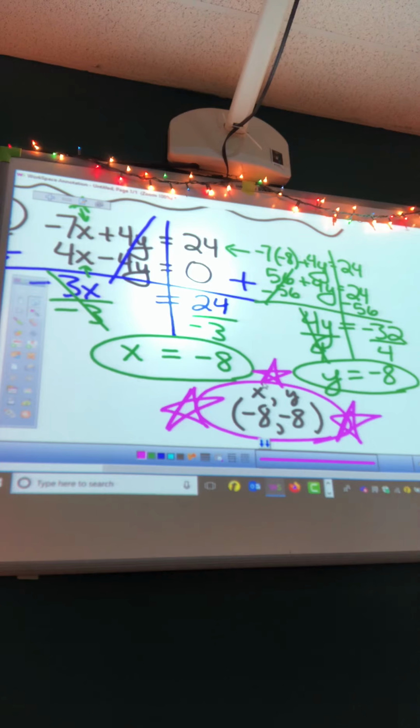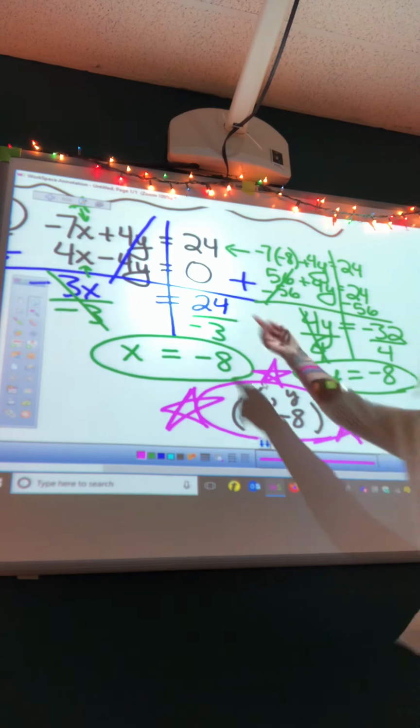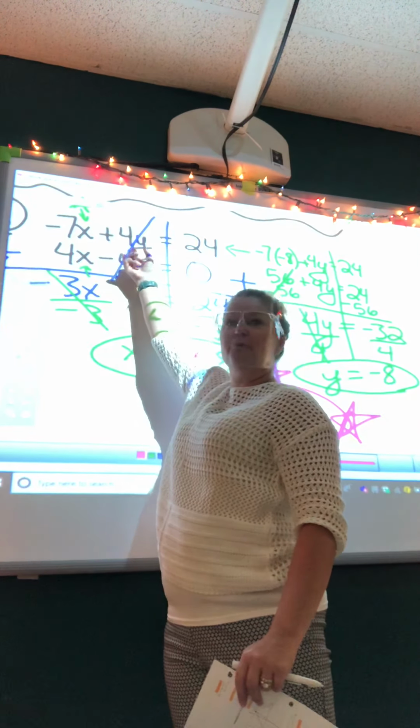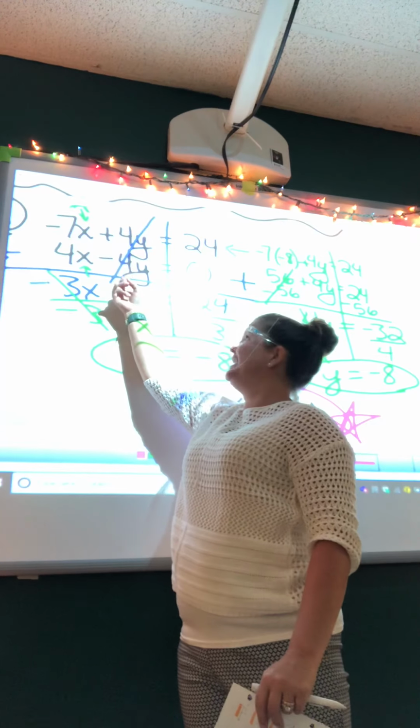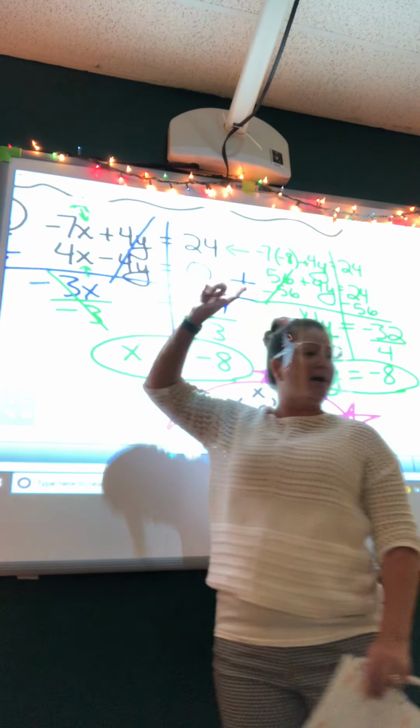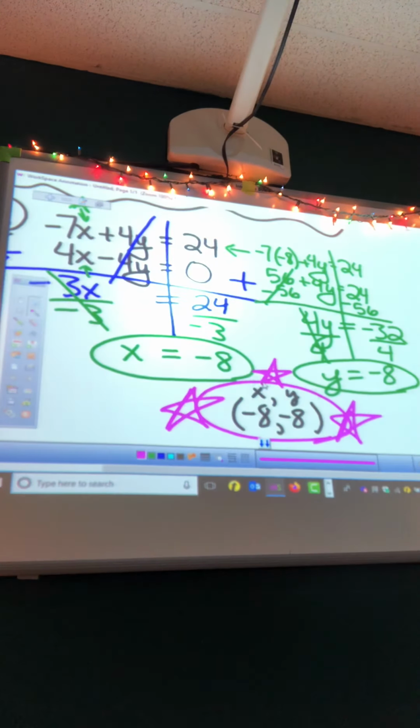Are they always going to be set up for elimination? Not always. Again, the telltale sign that this was ready for elimination, we had a positive 4y and a negative 4y. The positive, negative, same number makes it ready to go for elimination. If I turn it over to the front side, we still had a couple examples there on 6 and 8.